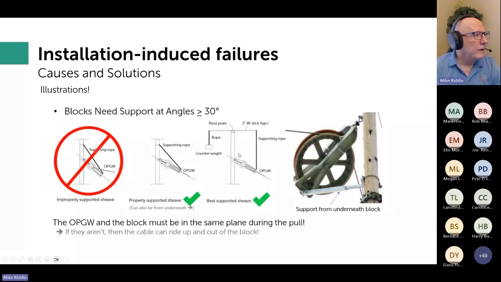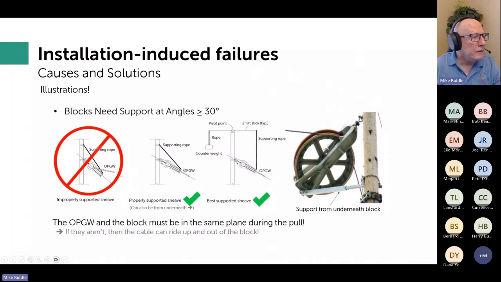Okay. So I did want to illustrate this concept of keeping the block and the cable in the same plane. You see here on the left that the block is hanging under the cable. When the cable's under tension, the natural tendency is for it to climb out of the block, so you absolutely need some support to help prevent that.